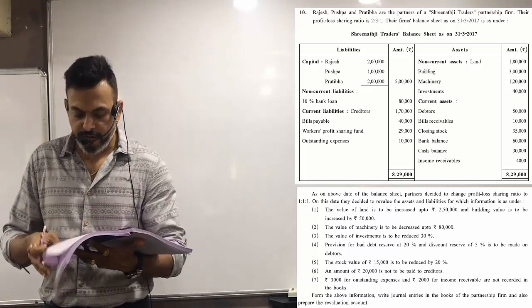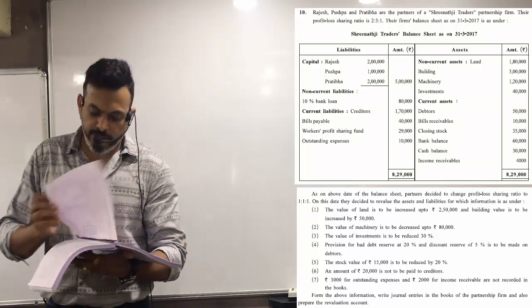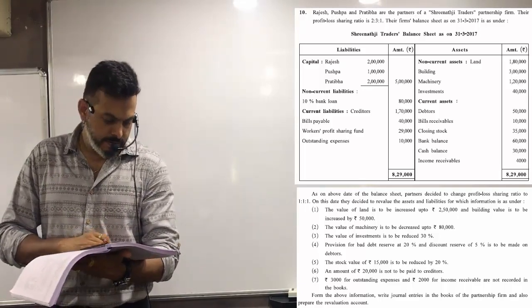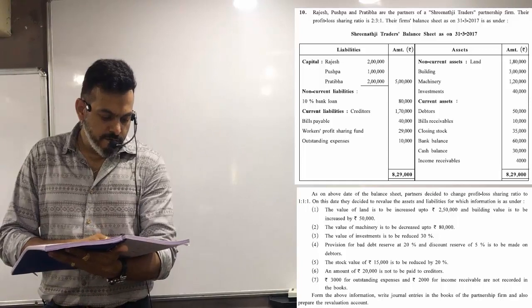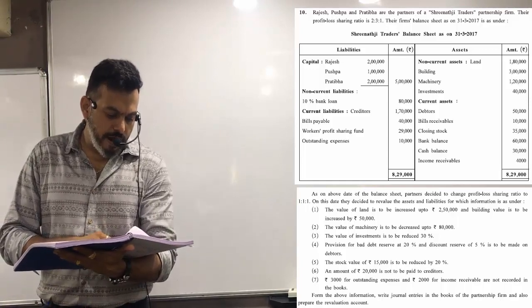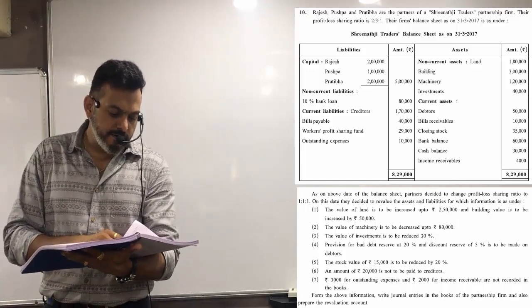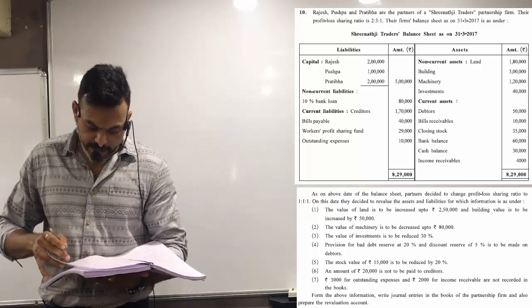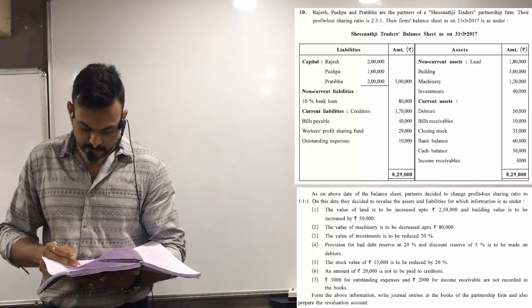Tick machinery. Investment reduced by 30%. Tick investment. Provision for bad debt reserve at 20% and discount reserve 5% is to be made on debtors. Tick debtors twice.